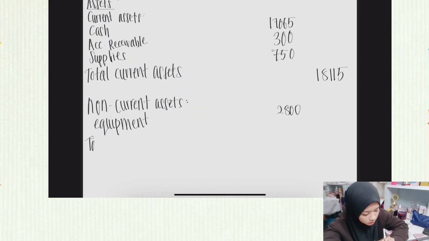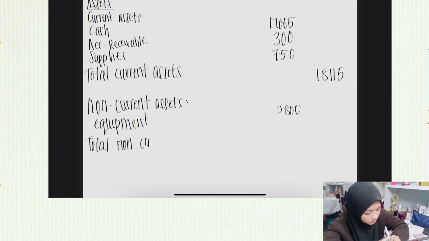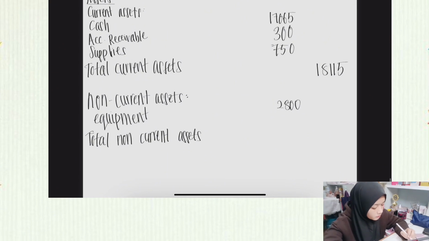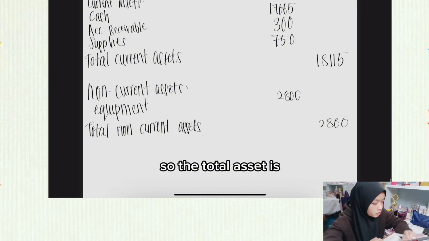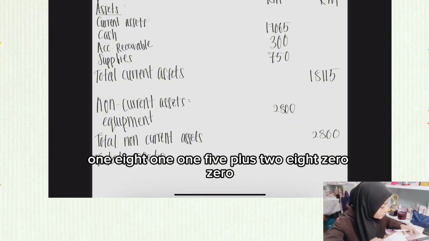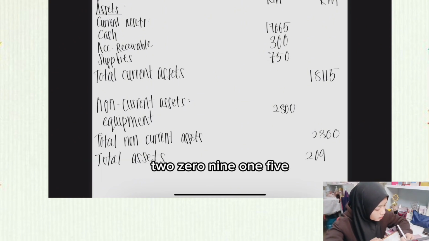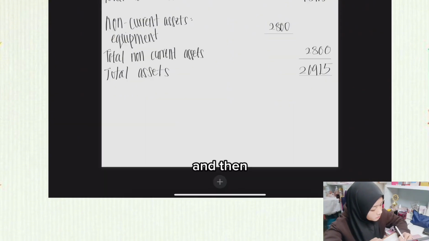So total non-current asset 2,800. So the total asset is 18115 plus 2,800. We get 20915.